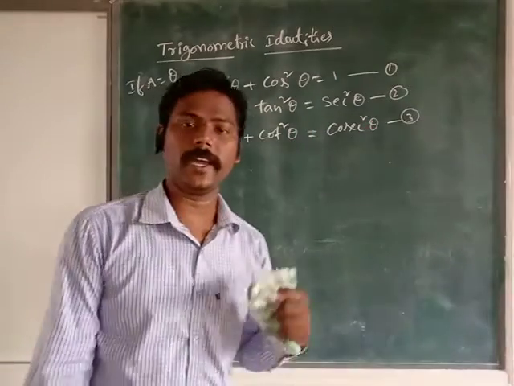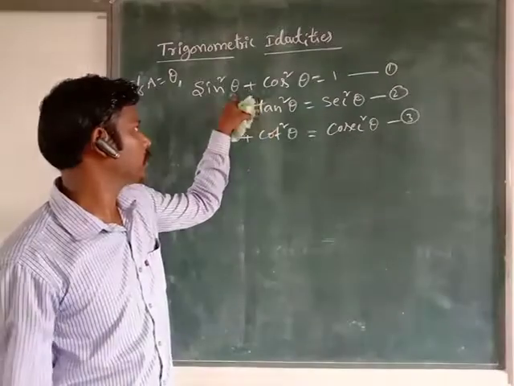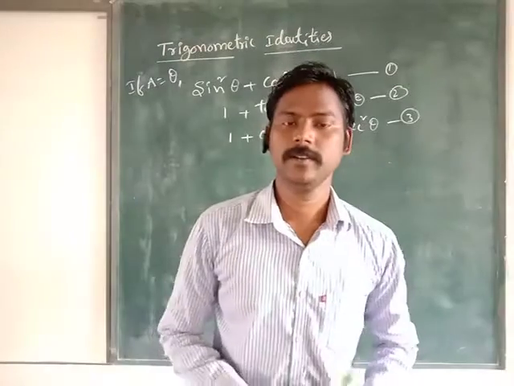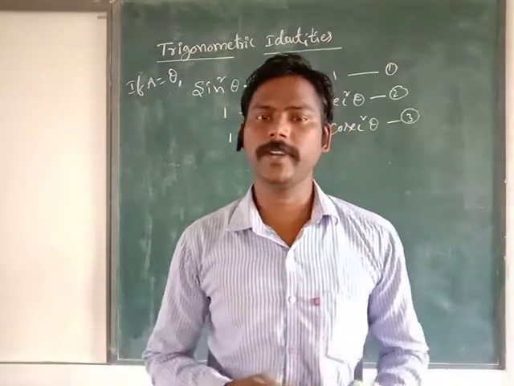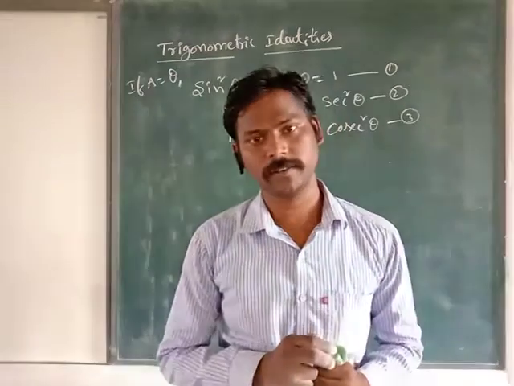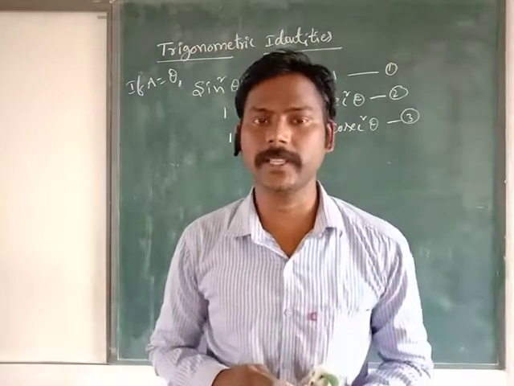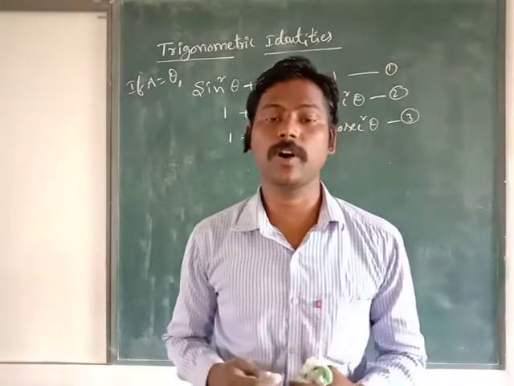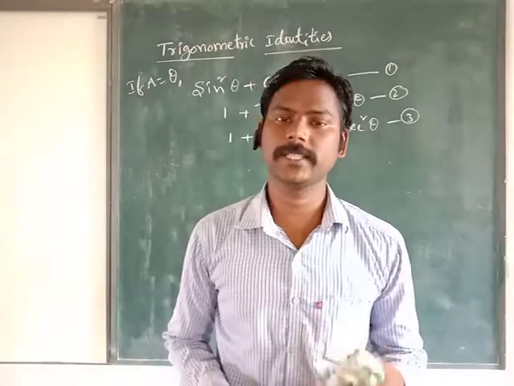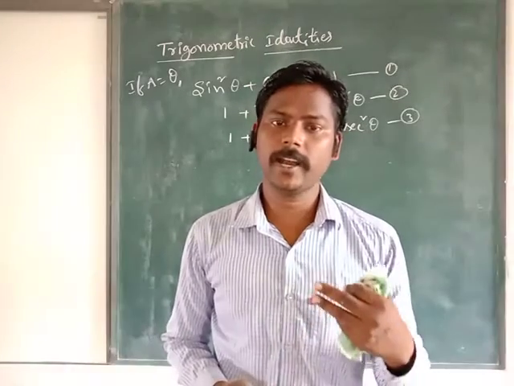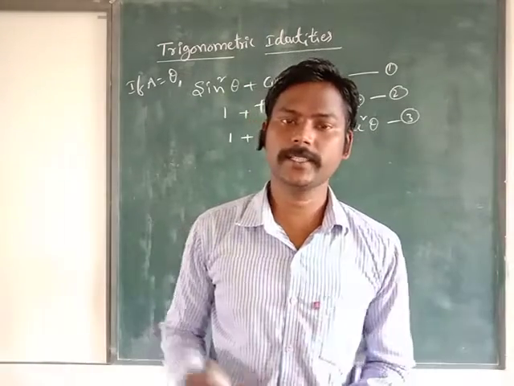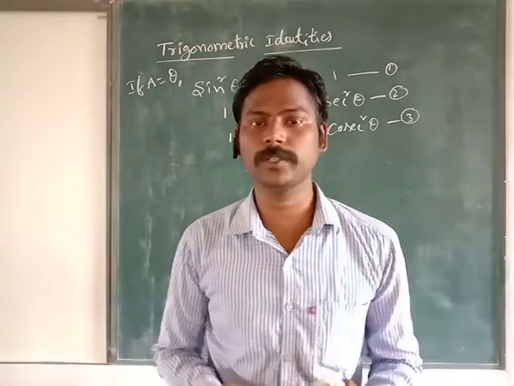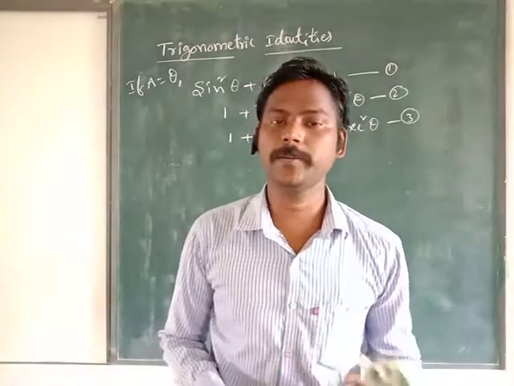Based on the angle, you can change the angle name, but the identity is the same. Once again: sin square theta plus cos square theta equal to 1; 1 plus tan square theta equal to secant square theta; 1 plus cot square theta equal to cosecant square theta. Along with the 3 identities, the deductions, that means the results, can also be used to solve identity problems.